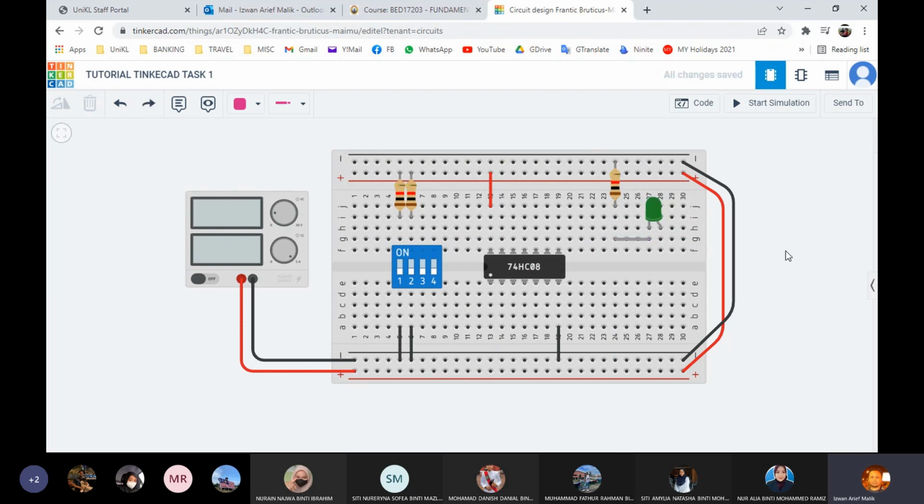But I would prefer to connect them directly. I put it here. Okay, this cathode and this terminal 1 are on the same line, meaning there is a connection. Okay. Right, so I think that is done.